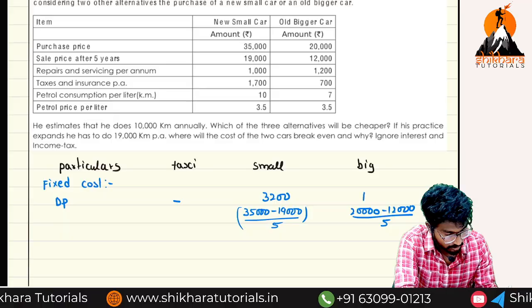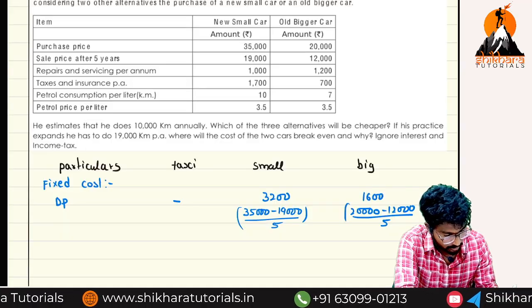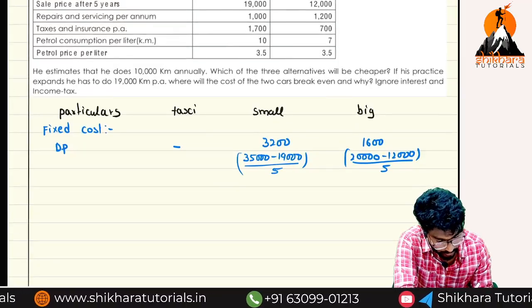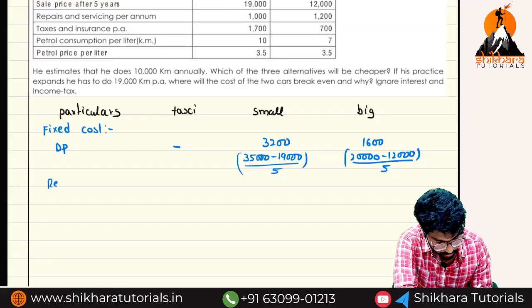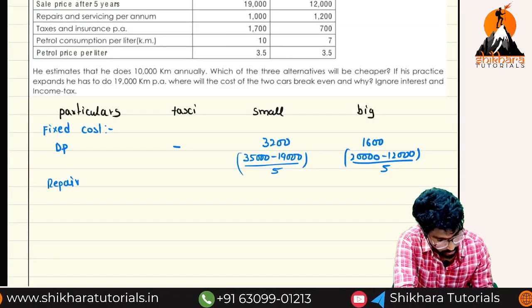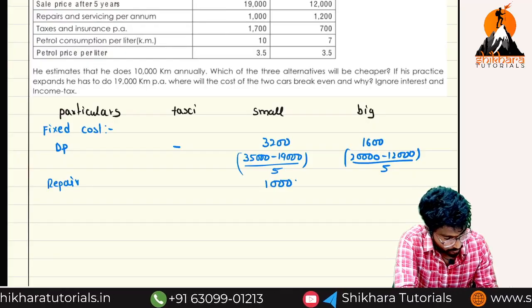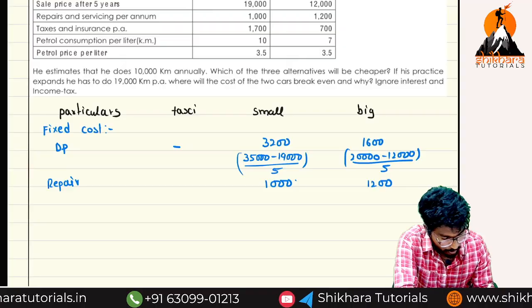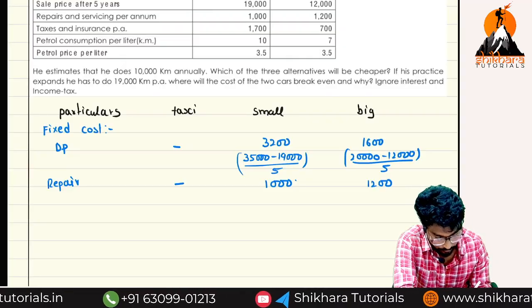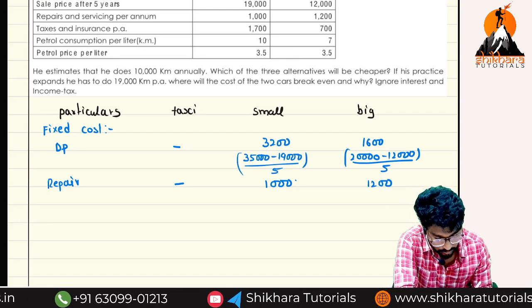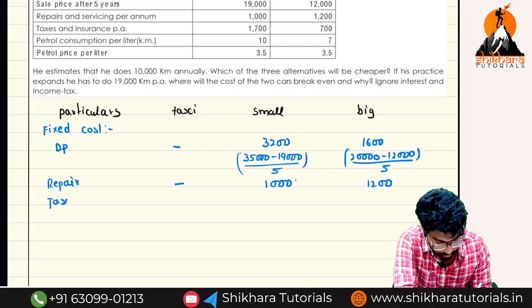How much? 1,600. Am I correct? Next, repair. How much is it? 1,000, 1,200. Is there any repair for taxi? No. That will be borne by whom? The taxi driver. It is not our headache.